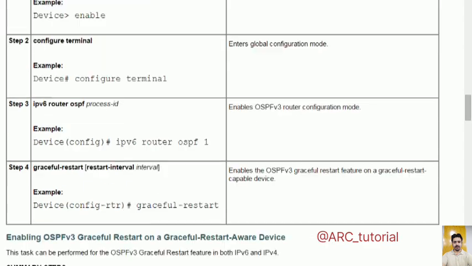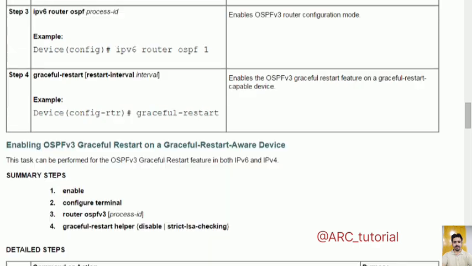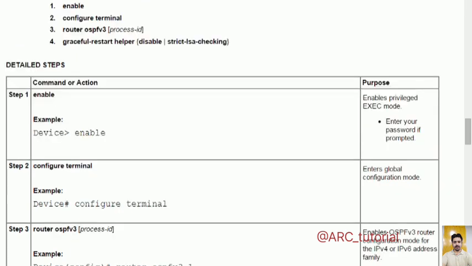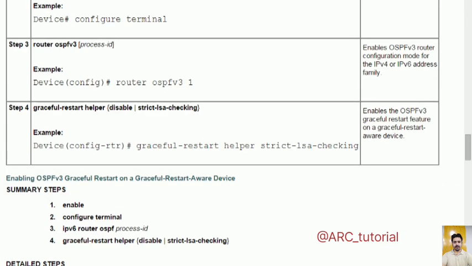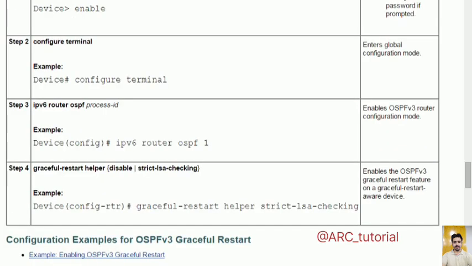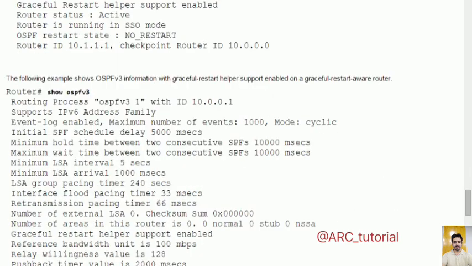Because if neighborship goes down, then definitely your traffic will not be forwarded, right? But redundancy is there. That's what redundancy? Where is the redundancy of the routing table? There will be only one routing table available, right? So in this way you can configure graceful restart.